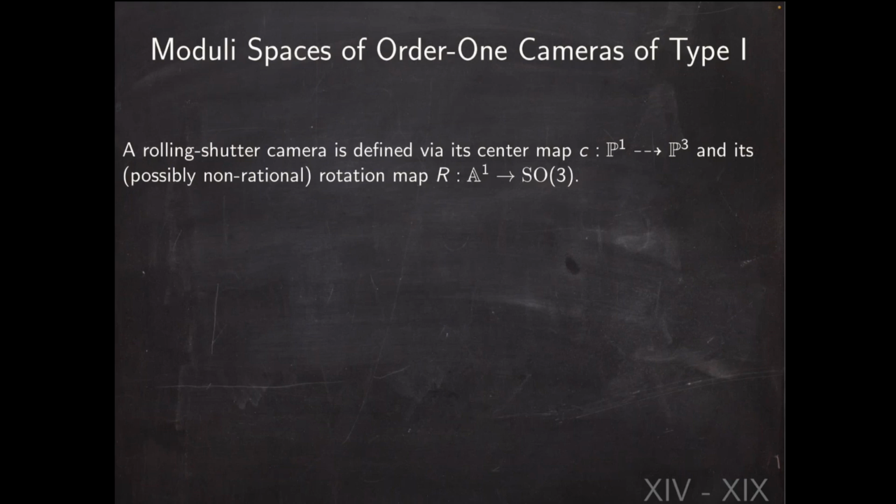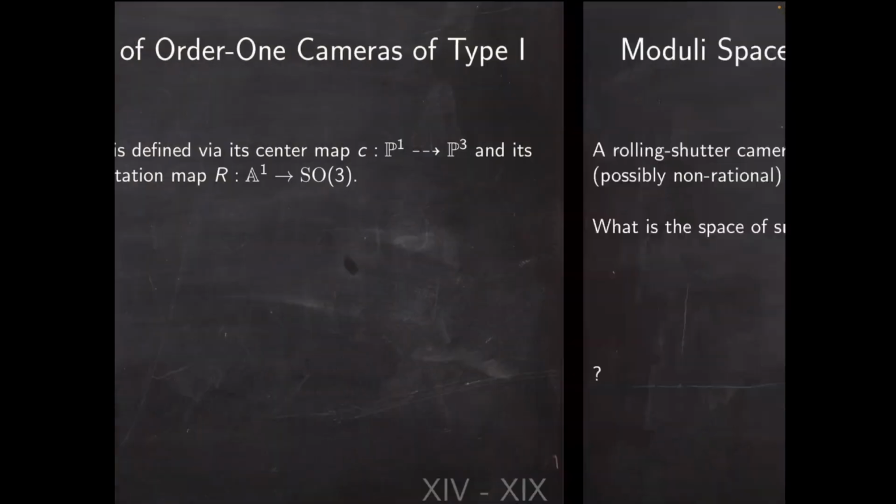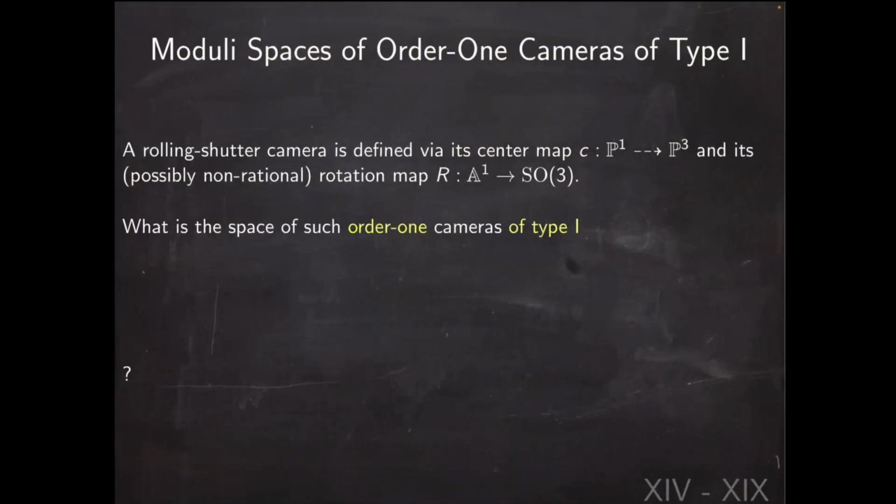And so our theorem doesn't really involve these rotations. So the question is, how can I make sure that I send you all cameras of order 1? And so there are these 3 types from the theorem. One could look at type 1, which is the more general one.